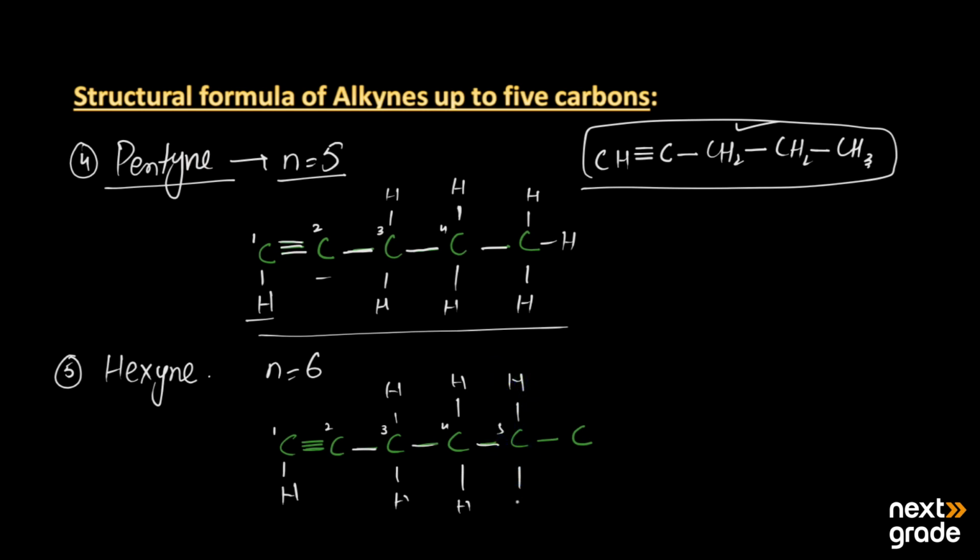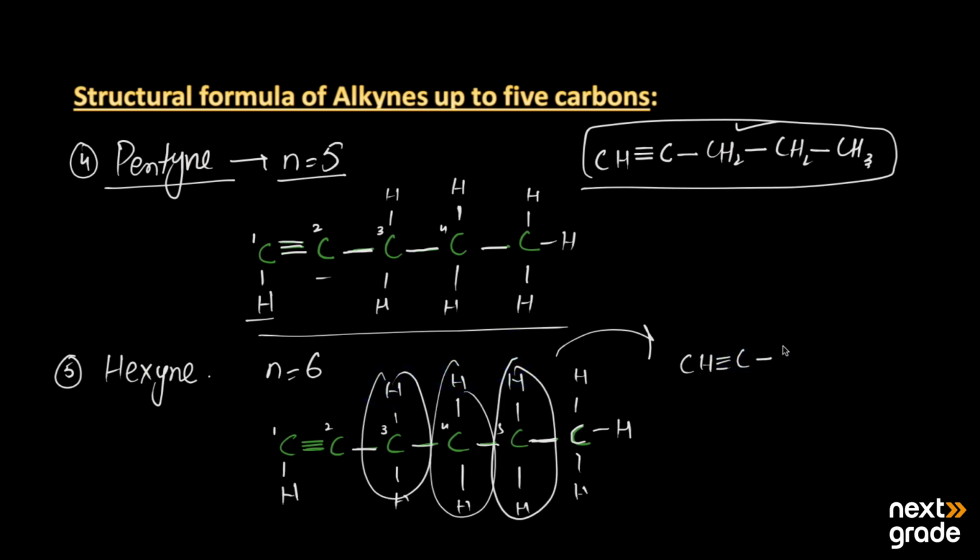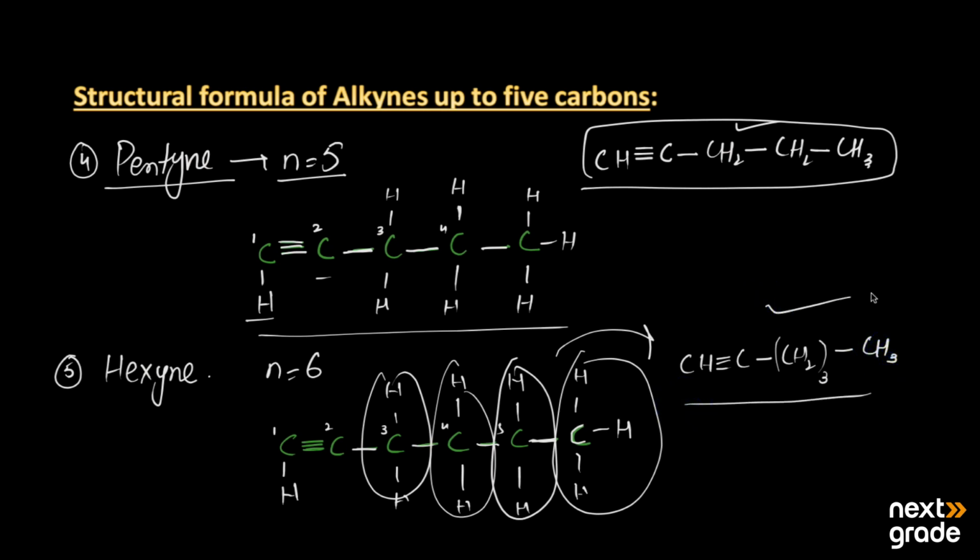Carbon number 5 also has two, and the last carbon already has one bond, so it will have three more hydrogens. Its condensed formula is CH≡C-CH2-CH2-CH2-CH3, with three CH2 groups and CH3 at the end. So this is the condensed formula for hexyne.